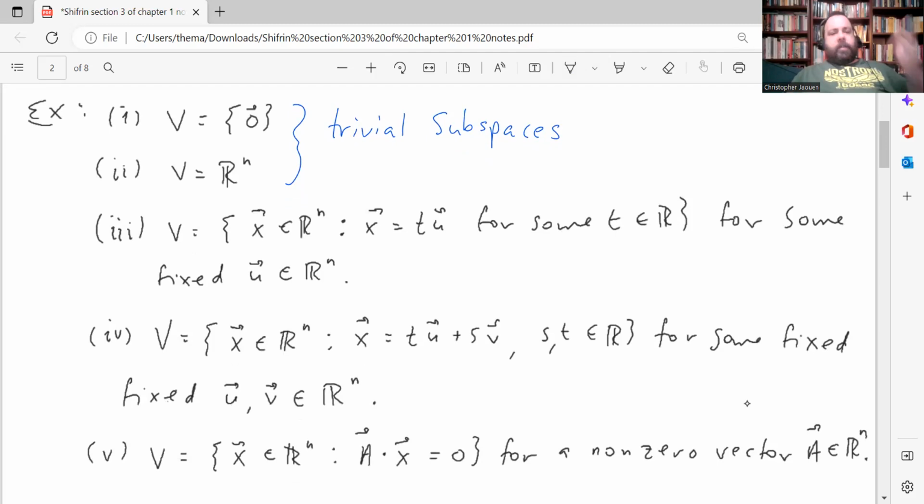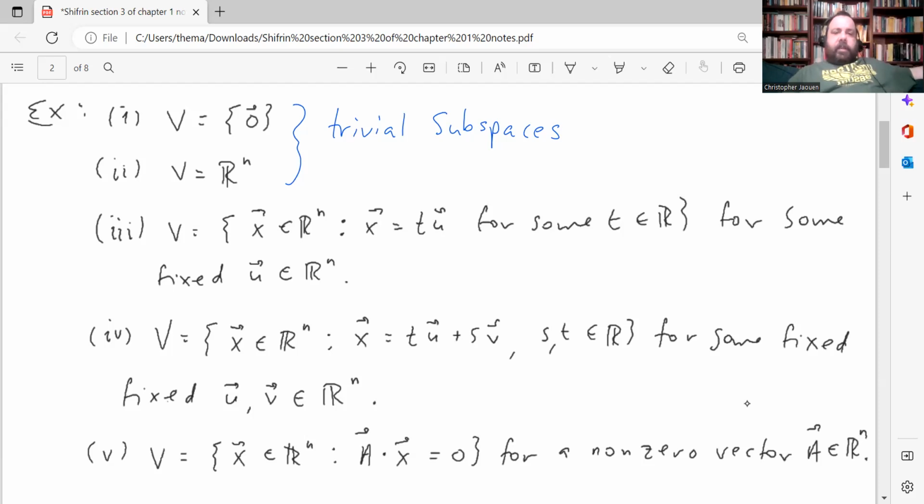Maybe I should at least mention the first two. The first subspace is the trivial subspace that just contains the additive identity 0. In this book we're always assuming that these things come from Rn, so it would be the 0 vector. The second example is the entire set Rn. That's also a subspace.